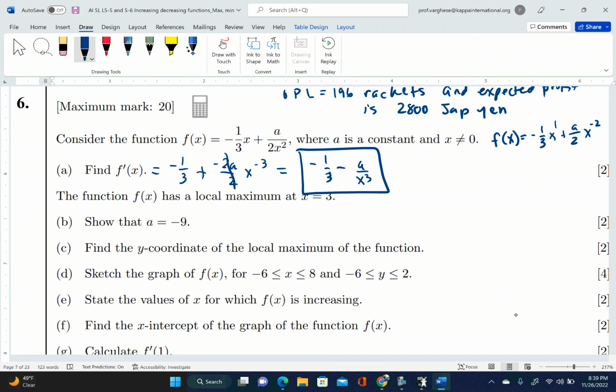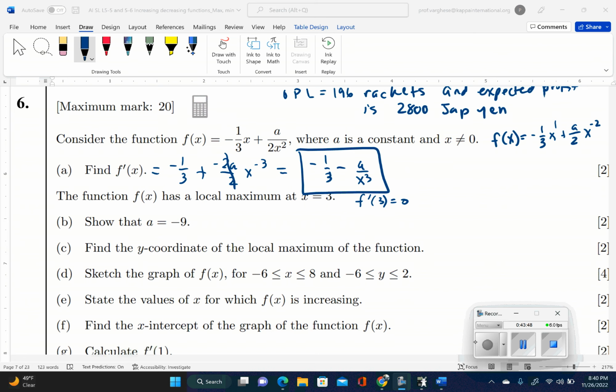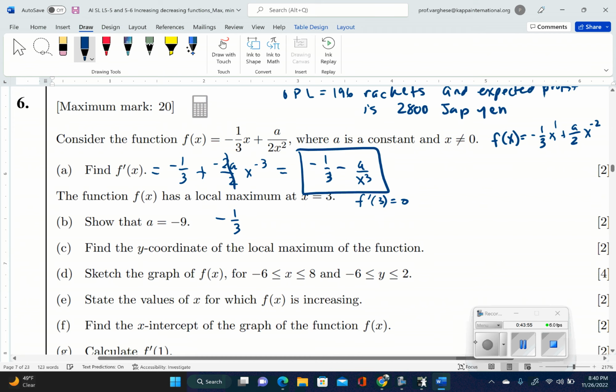All right. Next thing they tell us is there's a local max at x equals 3, which means that if I take the derivative and plug in 3, I get 0 as an answer. So they just want us to show that a is equal to negative 9. They're even telling us that. So I'm going to do negative 1 over 3 minus, and I'm going to pretend that I don't know what a is, over, and my x is 3, right?